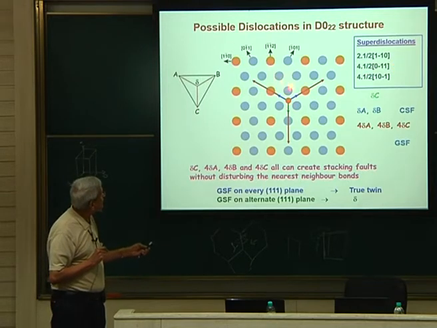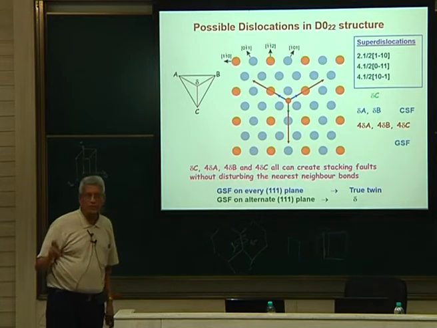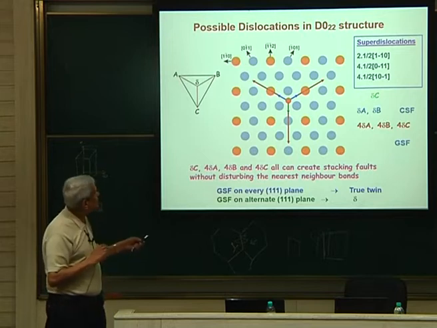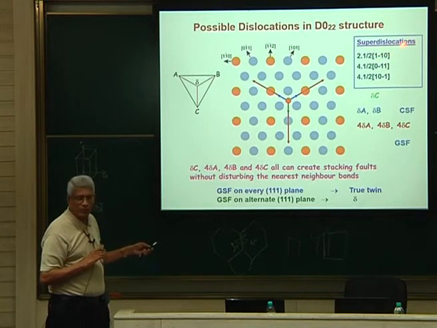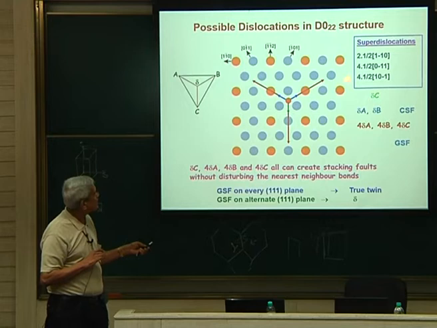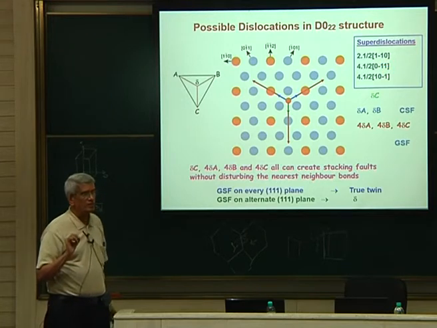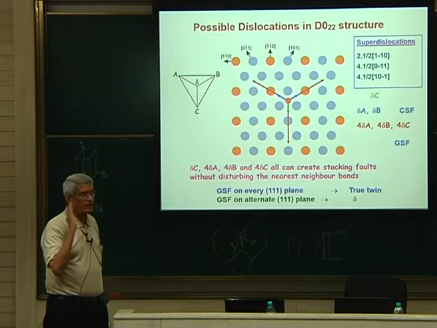Similarly, in the direction from here to here, also 4 times. So that means that in one direction a dislocation with 1 bar 0 is good enough. In the other 2 directions, a dislocation with 2 0 1 bar 1 type is necessary to maintain the order in the lattice.